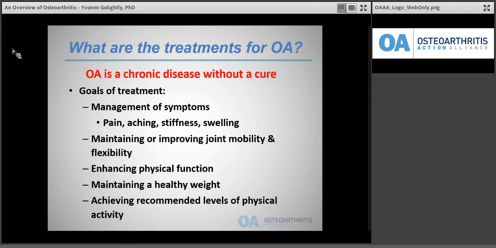Now, what are the treatments for osteoarthritis? So osteoarthritis is a chronic disease that does not have a cure. So a lot of the goals of treatment include managing symptoms, maintaining or improving joint mobility and flexibility, enhancing physical function, maintaining a healthy weight, and trying to achieve recommended levels of physical activity.